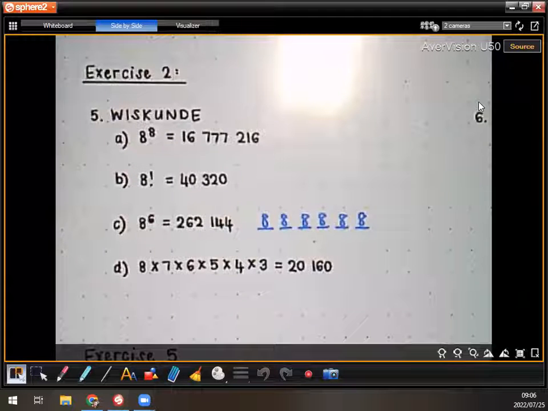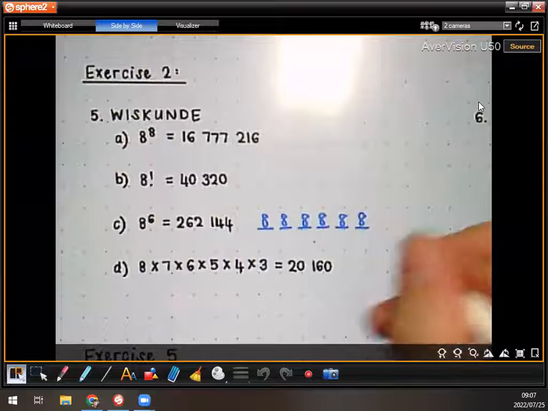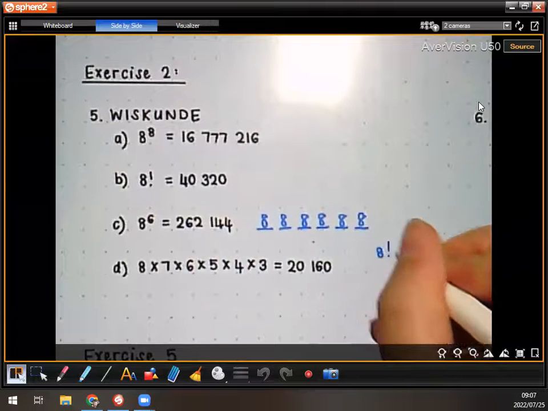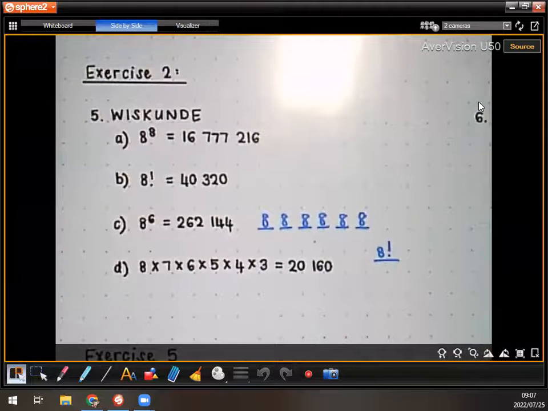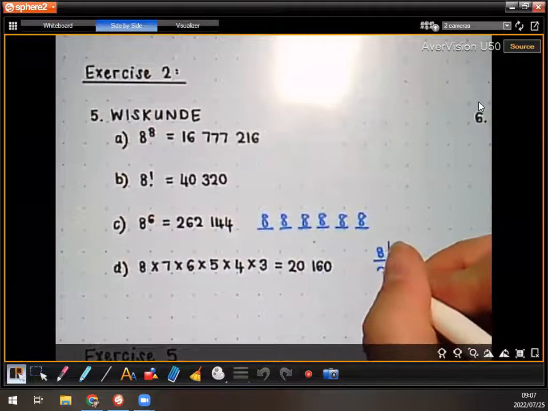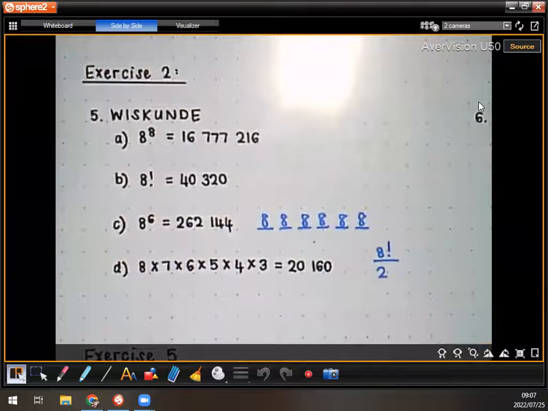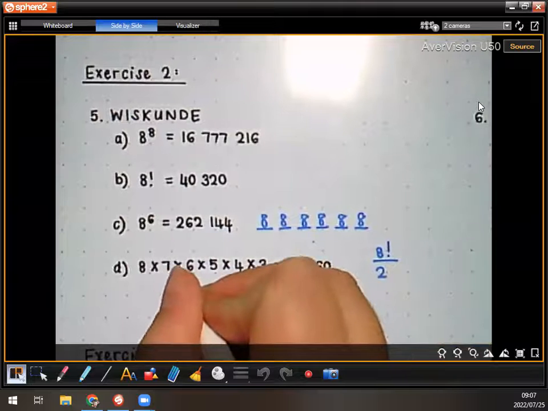Guys, if you wanted to write this using factorial notation, you could say 8 factorial divided by, now let's just quickly think, what is 8 factorial? It's 8 times all the way to 1, right? So times 2 times 1. So if you have 8 factorial, you can just divide that by 2 factorial.